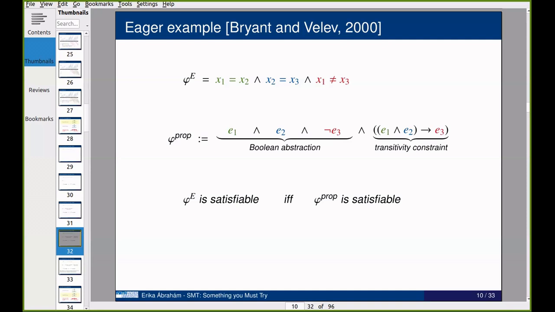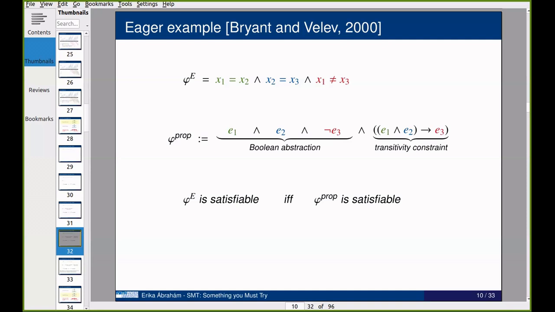And the Boolean abstraction of this is: if the first and the second equation hold, then the third one needs to hold too. And now this formula is also unsatisfiable. It is a satisfiability equivalent encoding of the first one.